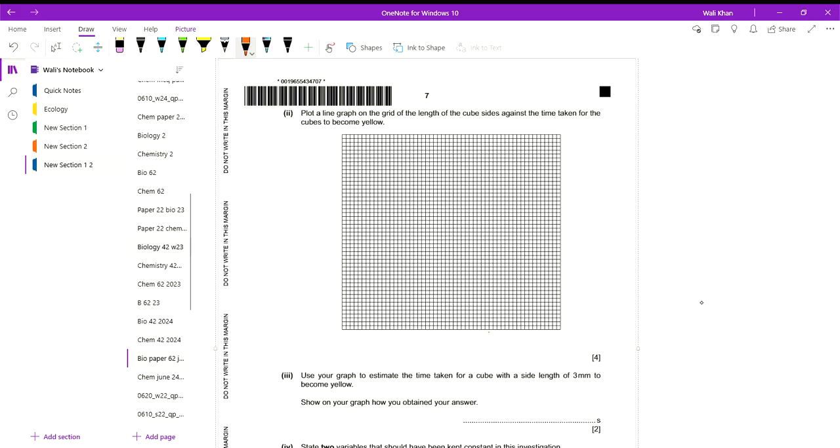So we take time on the y-axis, and length of cubes on the x-axis. On the y-axis we take time taken for cubes to become yellow, and on the x-axis we have length of cubes.